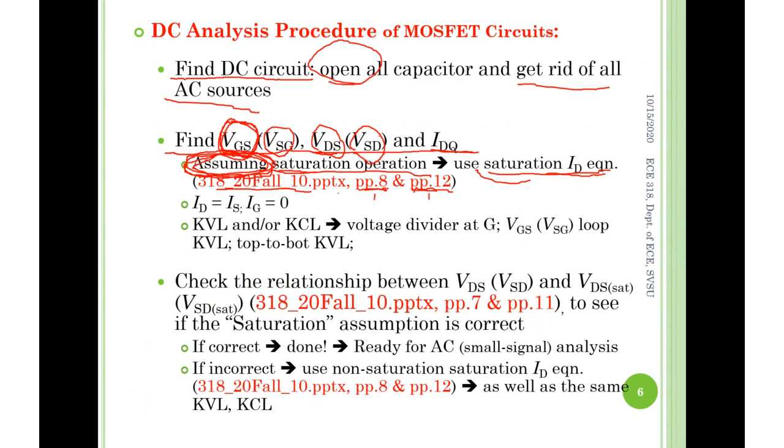Is it because there's a P-channel equation? Exactly. Page 8 is for N channel. Page 12 is for P channel. That's fine. Immediately, you have one equation there.